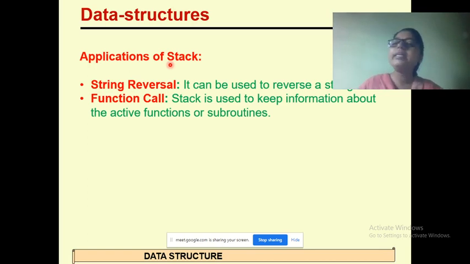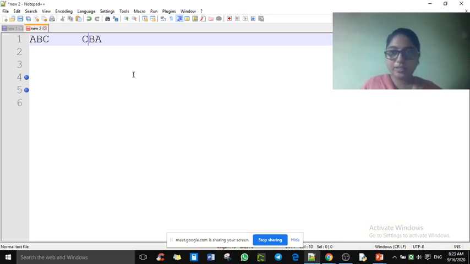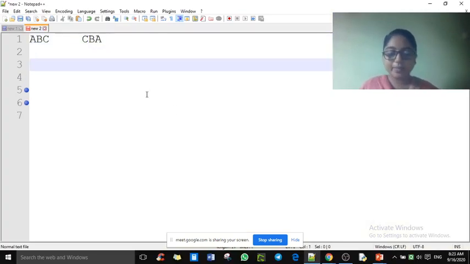So remember that if you are asked to write down the applications of stack, you will mention two applications. First one is string reversal and the next one is function call. So this is about applications. Okay. There is one more application, I will explain it here. For example, consider what is known as parenthesis matching.